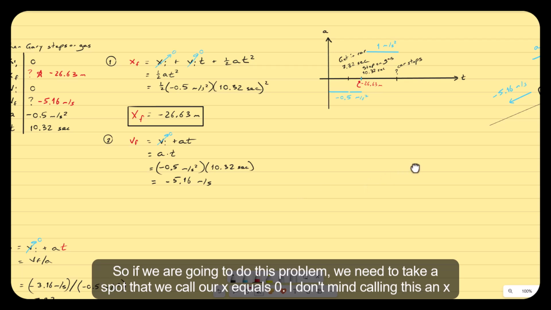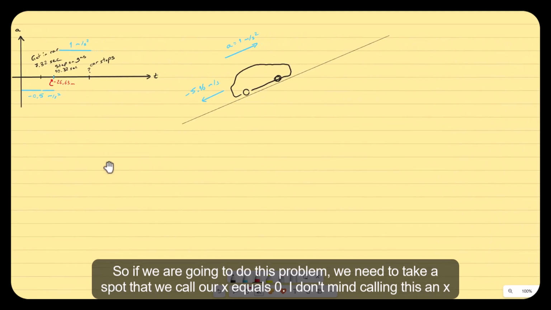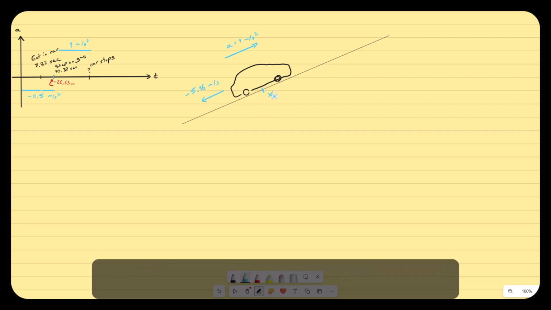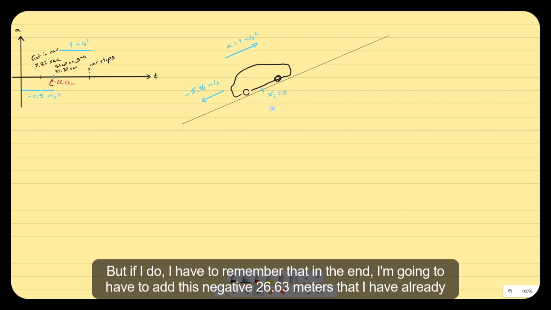So if we are going to do this problem, we need to pick a spot that we call our x equals 0. I don't mind calling this an x equals 0 because it's going to make my equations easier again. But if I do, I have to remember that in the end I'm going to have to add this negative 26.63 meters that I have already moved.